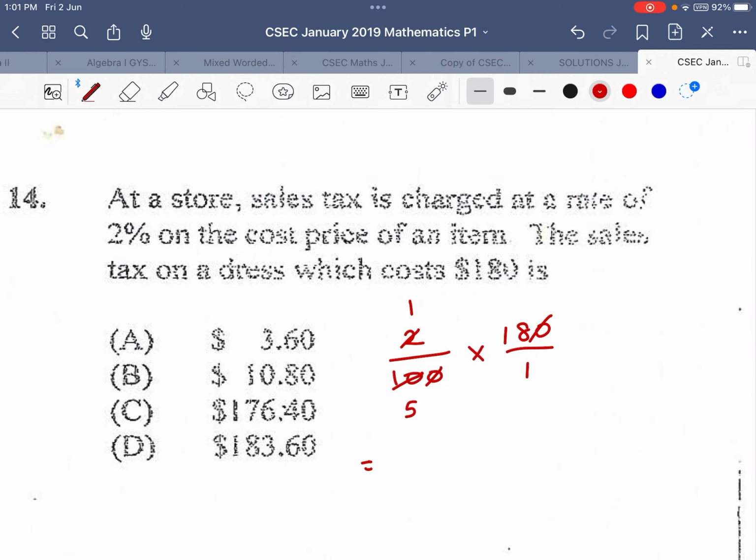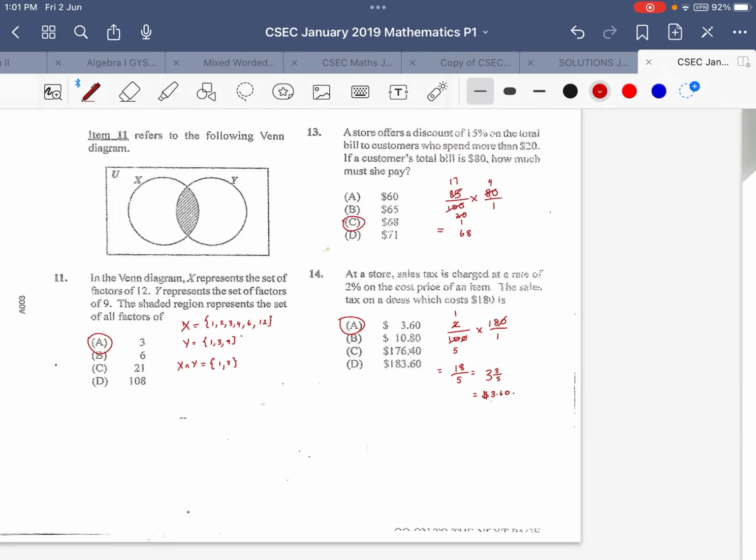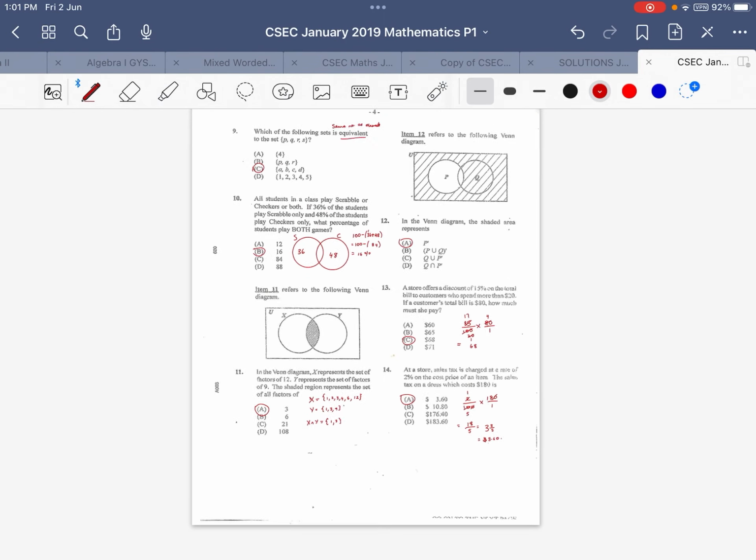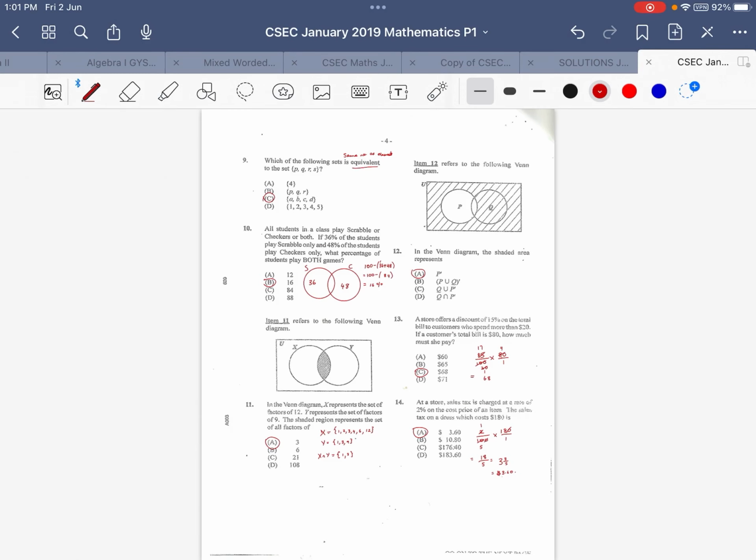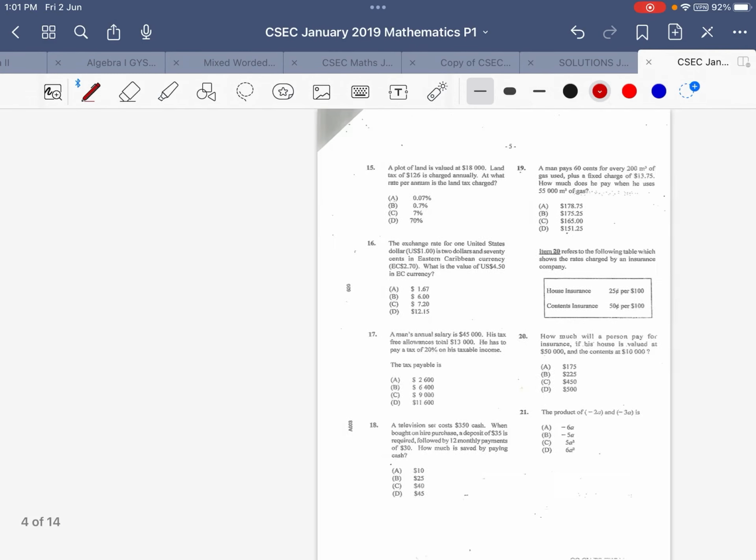Okay, so we have 18 over 5, which would be 3 and 3/5. Right, and 3/5 of $1 would be 60 cents. So $3.60. Okay, moving on.